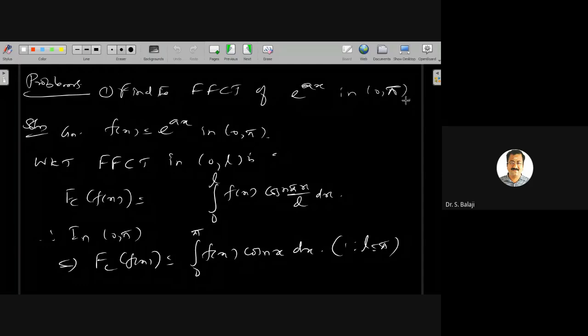Solution: given the function f of x equal to e power ax in the interval 0 comma pi.